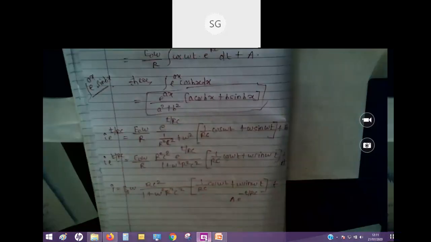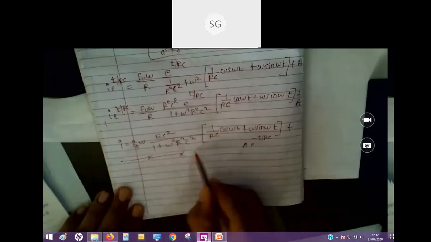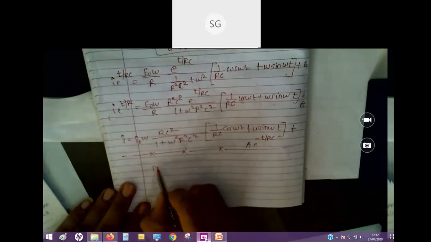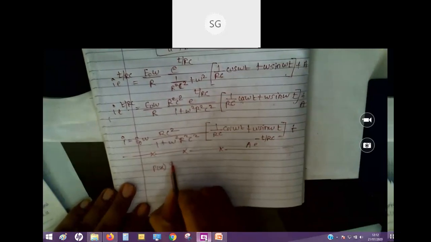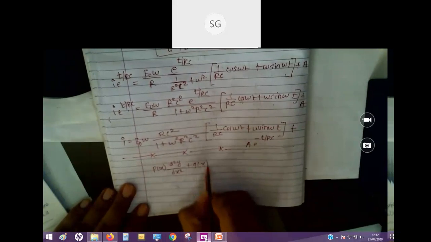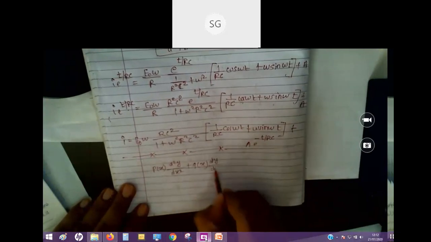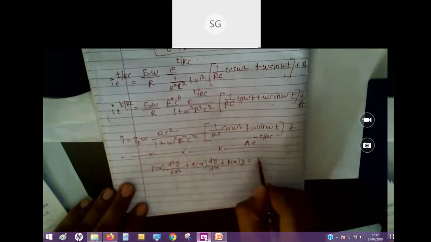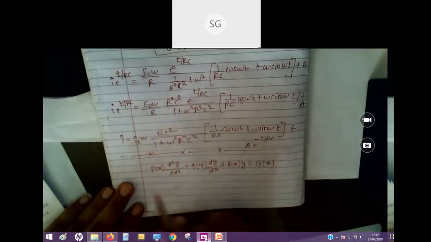To start with, any equation of the form, please concentrate now, where in the generalized form I will take p of x d square y by dx square plus q of x dy by dx plus r of x into y equal to g of x.